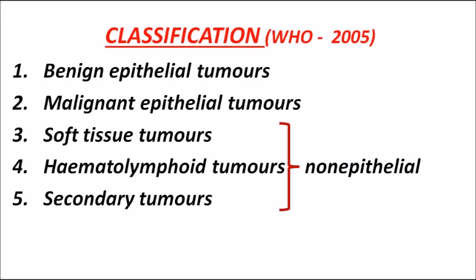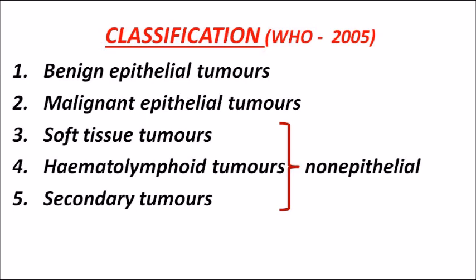Moving on to the classification. Salivary gland tumors are divided into benign epithelial tumors, malignant epithelial tumors, and non-epithelial tumors. Connective tissue tumors are put together under a single category, which includes soft tissue tumors, hematolymphoid tumors, and secondary tumors.